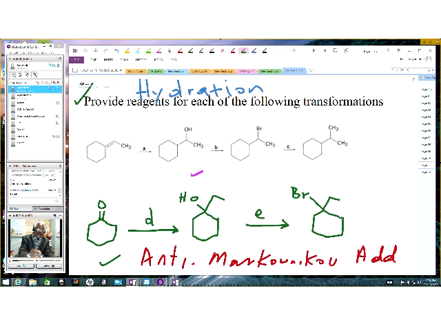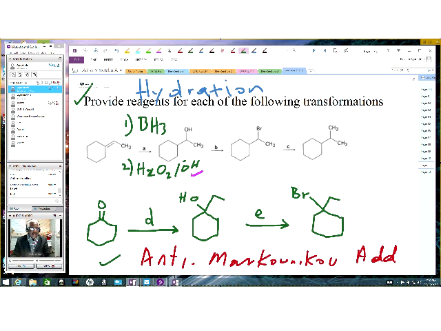Okay, very good. So we need to use step 1, borane, that is BH3, and then we follow that up with hydrogen peroxide in basic medium, okay?